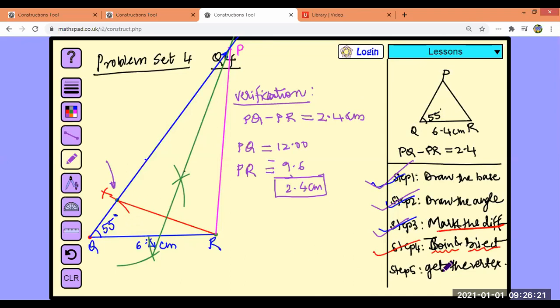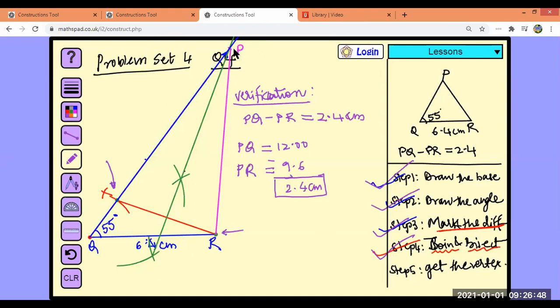Once you mark it, you need to join it to the other end, this end R, and bisect. So the red line, that is we have joined it and you have to bisect it. Once you bisect it, you need to extend that ray or that line so that it joins the blue line, the angle 55, right?